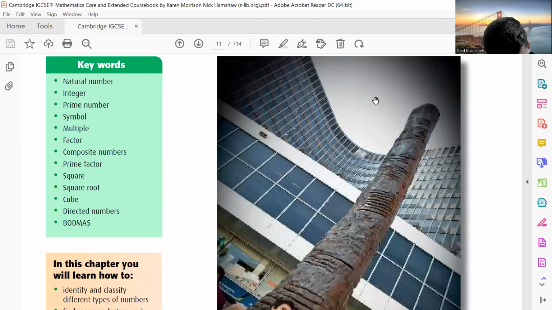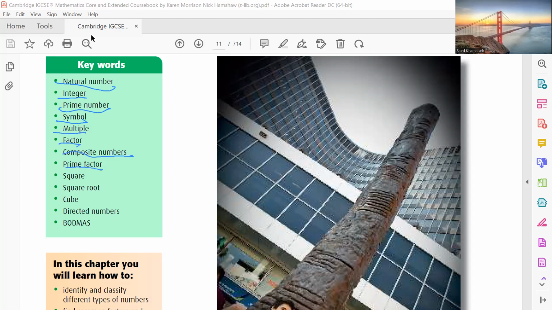Firstly, natural numbers, integers, prime numbers, symbol, multiple, factor. What are the composite numbers?